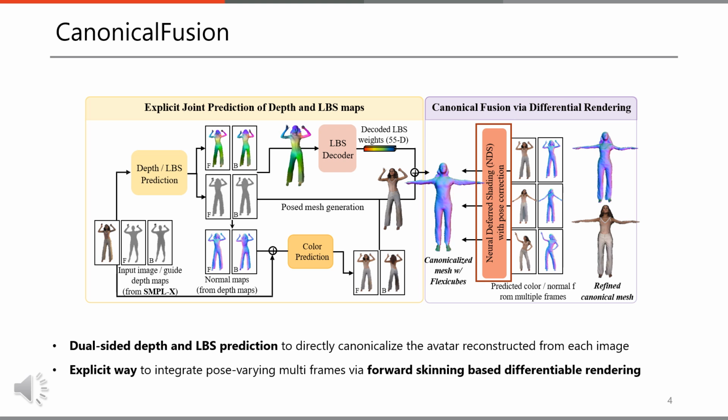Additionally, the color map is simply predicted based on the normal map derived from the input image and the predicted depth. The resulting canonical mesh can then be updated by integrating information from other images through our proposed forward skinning-based differentiable rendering. This process results in the final refined canonical mesh as the output of our pipeline.